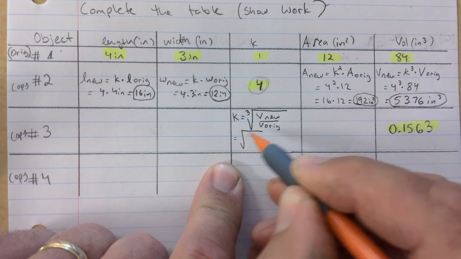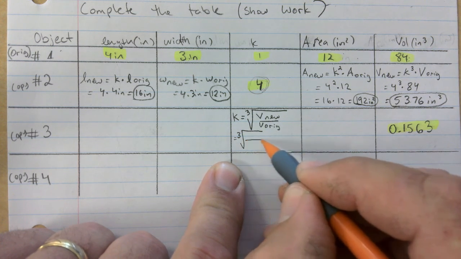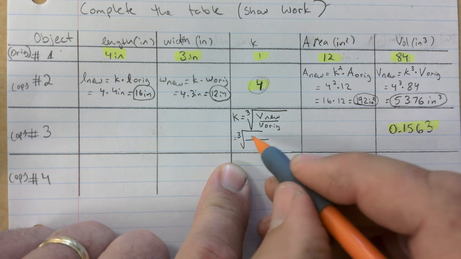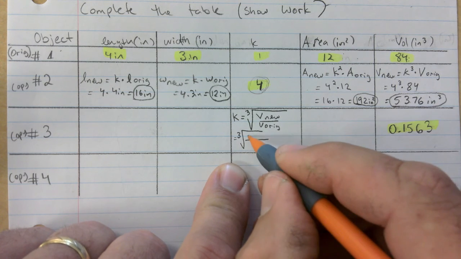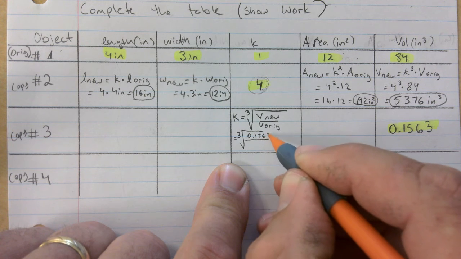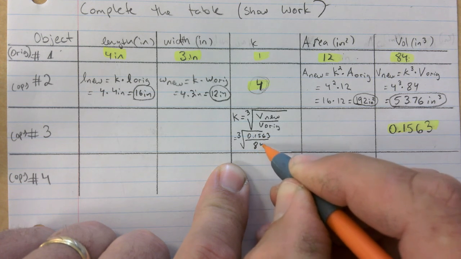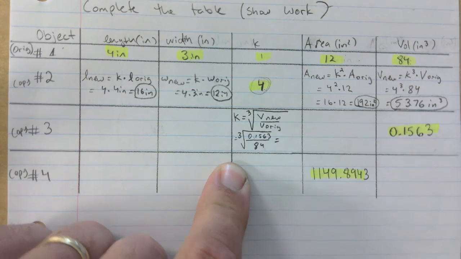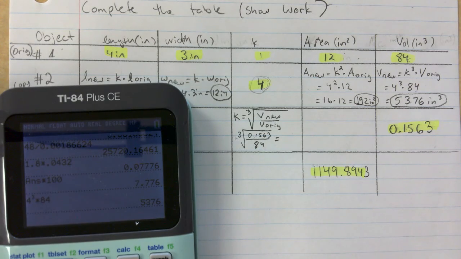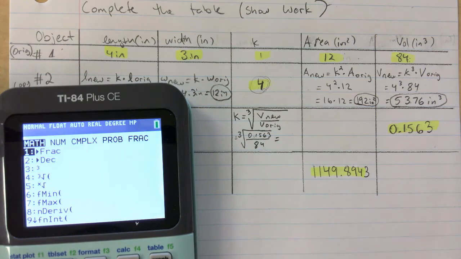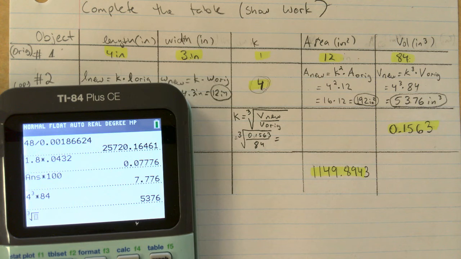So the cube root of 0.1563 divided by 84. I'm using brackets: 0.1563 divided by 84.